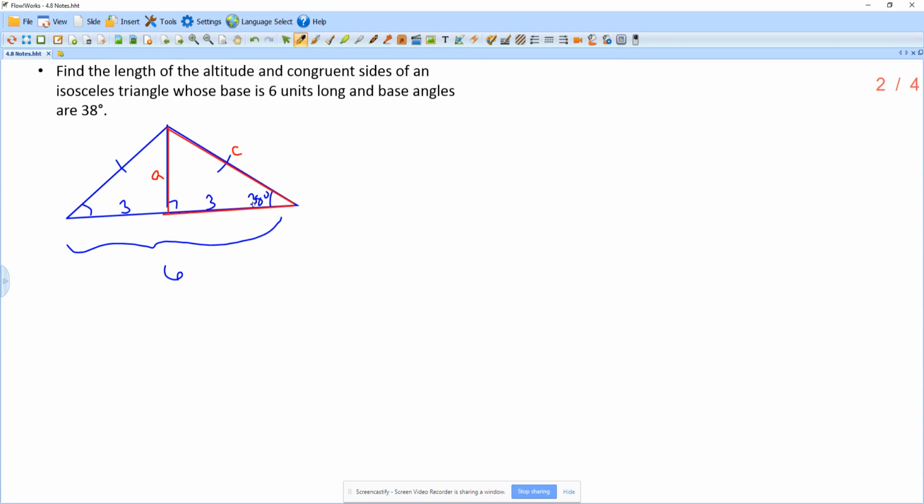If I want that altitude, I can look at this 38 degrees and say I have the opposite and adjacent. So that would be tangent 38 equals A over 3. So A equals 3 tangent 38. When I put that into my calculator, 3 tangent 38, again in degrees, I get 2.344.